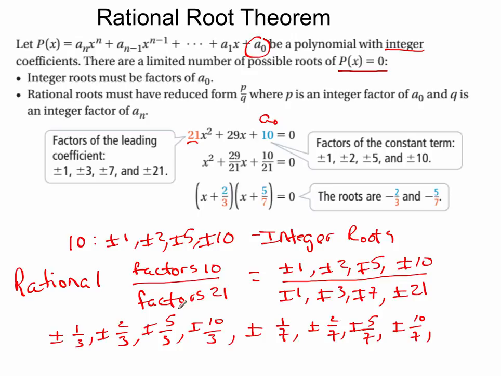Now let's do the 21s, plus or minus 1 over 21, plus or minus 2 over 21, plus or minus 5 over 21, plus or minus 10 over 21. Now this seems like a lot of possible roots, and it is. But trust me, it has narrowed it down from the infinite number it was before we started.